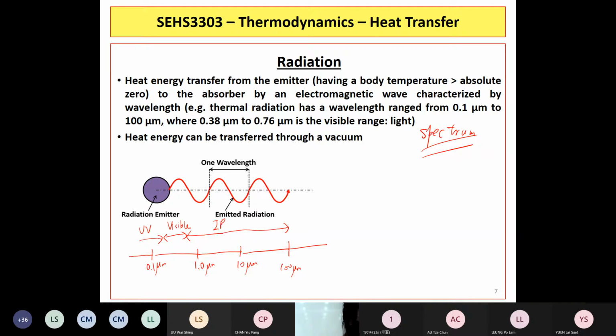Yes, that would be IR, 红外线. And from here should be microwave, right? So for the radiation, we only cover this part, this spectrum. This is thermal radiation.